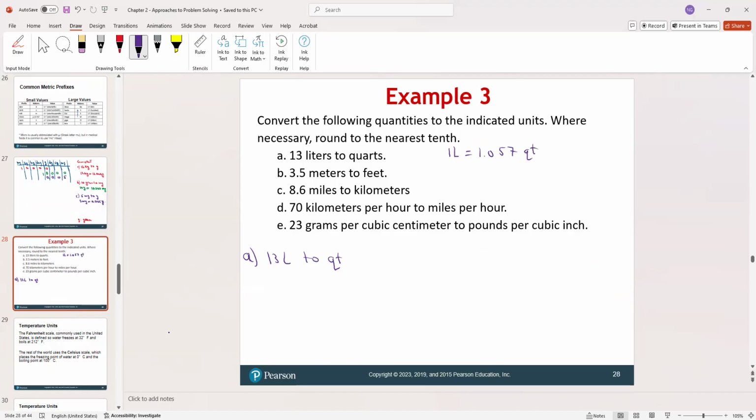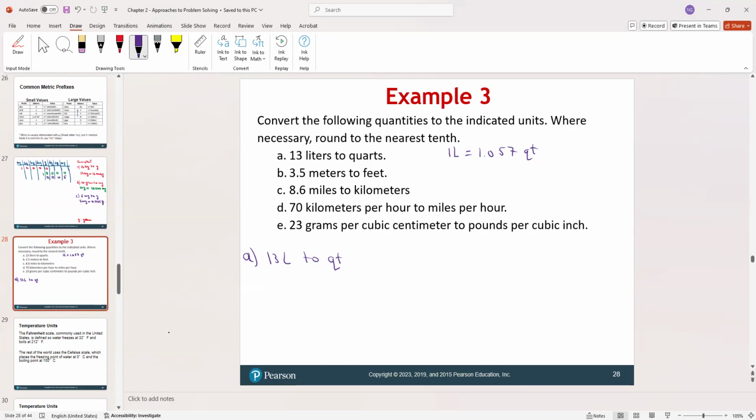Remember, I'm trying to get this one. So if 1 liter is 1.057 quart, how would you think the 13 liter would be? You cannot just multiply this one.